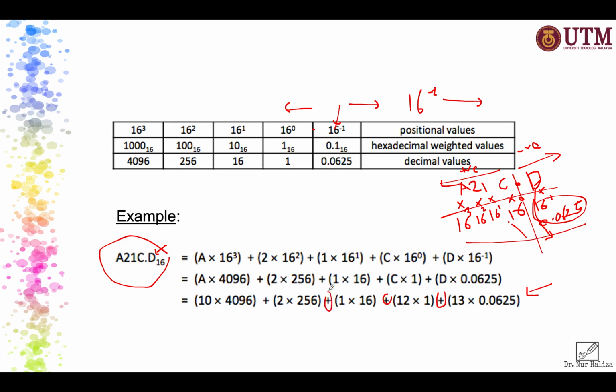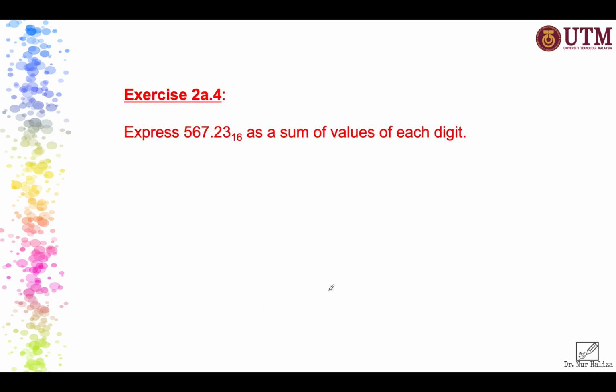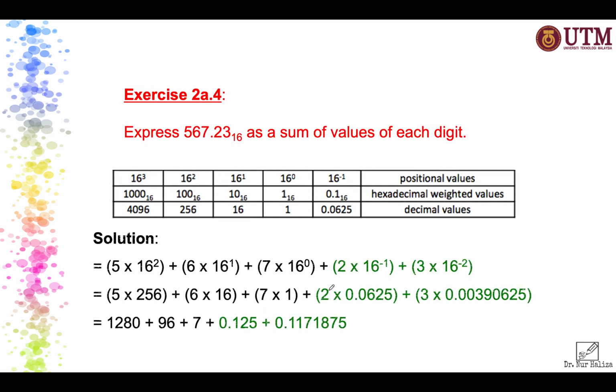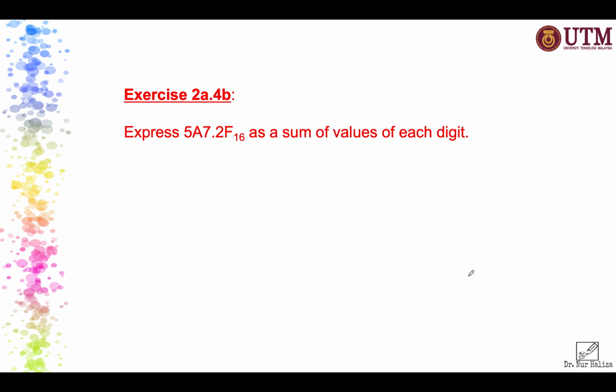Similar steps to the previous ones for decimal and also binary. So this is another example, and I also provide the steps for how you can get the decimal from hexadecimal. It's quite easy to convert by just pressing the calculator, but I remind you that you need to know how to calculate and convert it using manual steps.